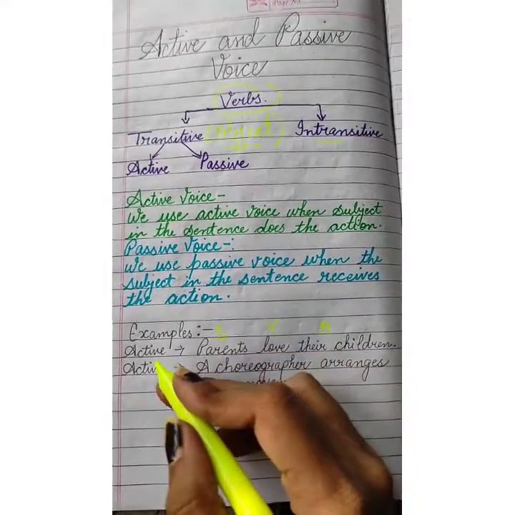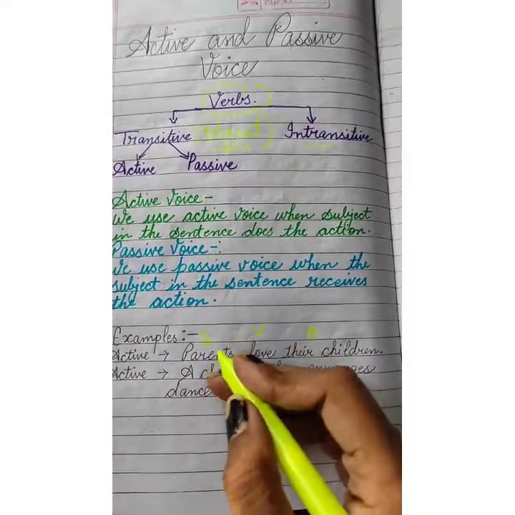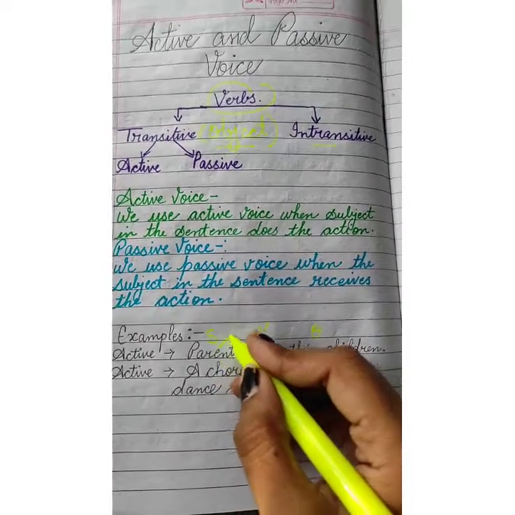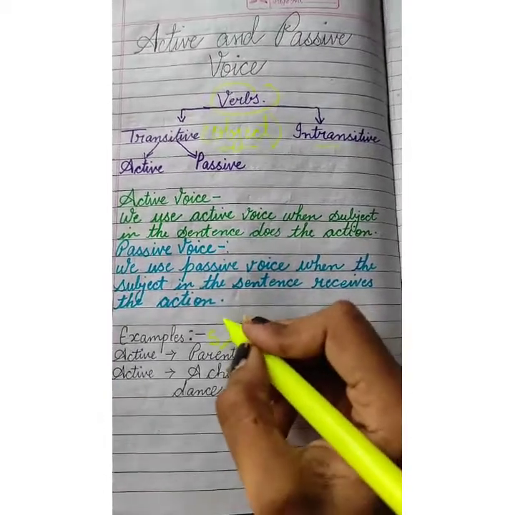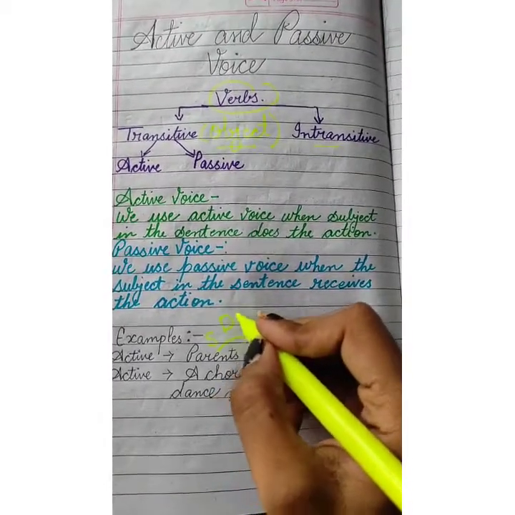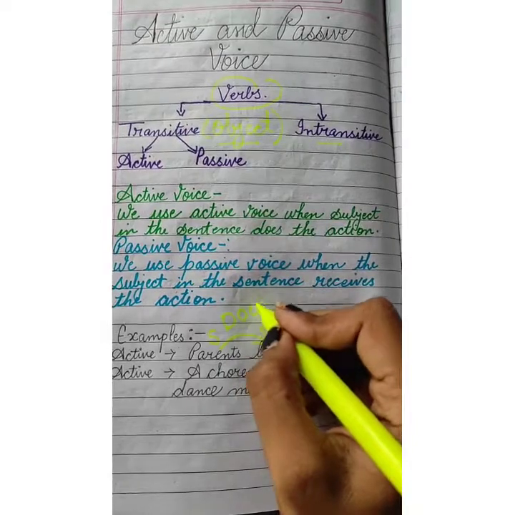So in the active voice, the subject is the doer of the action. Who is the subject? The subject is the doer of the action.